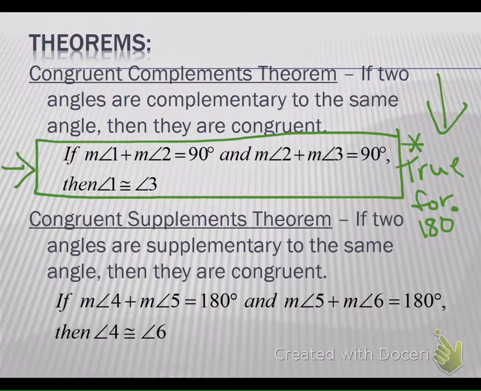Basically, if you can add two angles together and they equal 90, and you can add one of those angles to a different angle and it still equals 90, then the two angles that were different must be equal to each other. Okay? And it works for 180 as well. If two angles add to 180 and one of those angles adds to a third angle and also makes 180, the first angle and the third angle must be equal to each other.